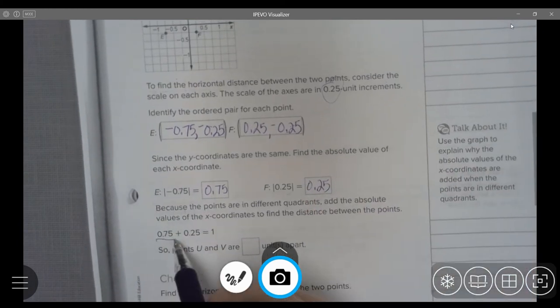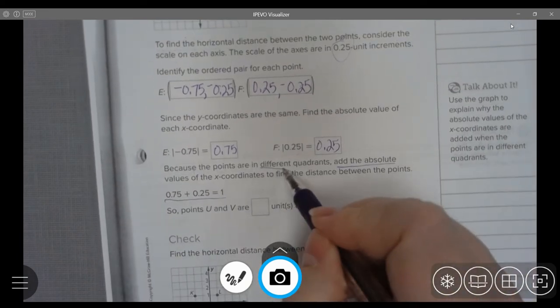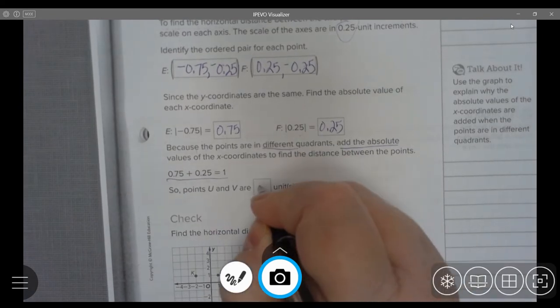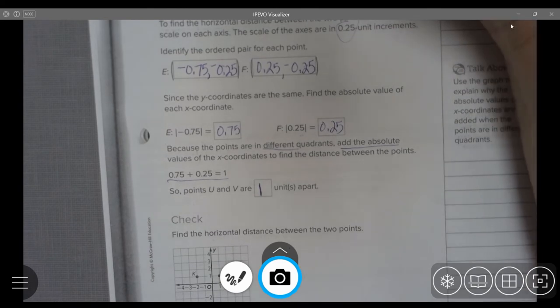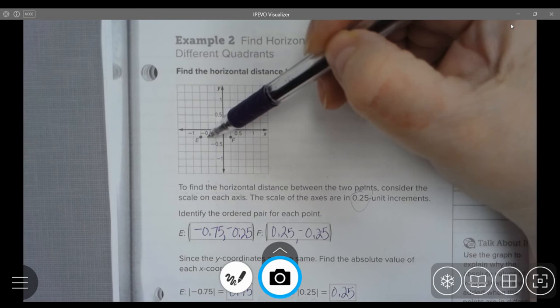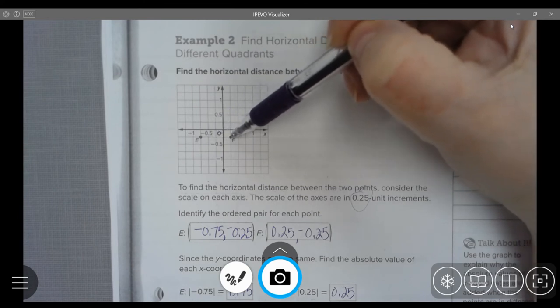So at that point in time, we know that we have to add the absolute values together because they're in different quadrants. And E and F are 1 unit apart. And if we go back up here to the picture, we can say here's 25 hundredths, 1/2, 75 hundredths, 1 whole unit.